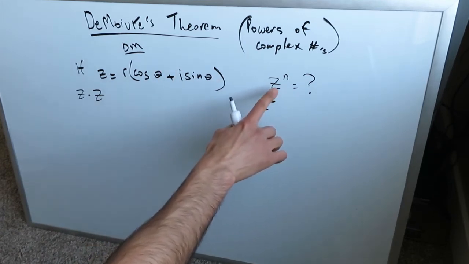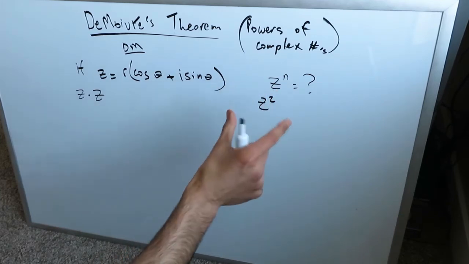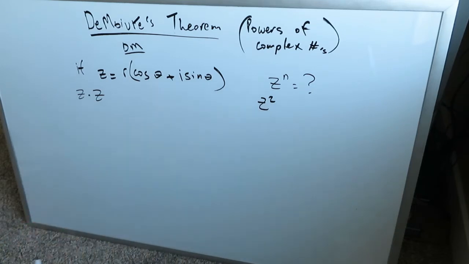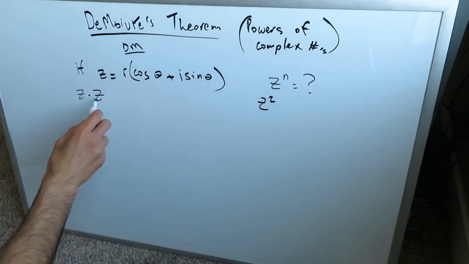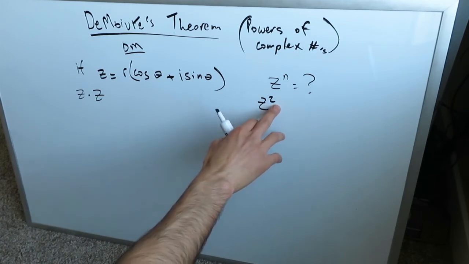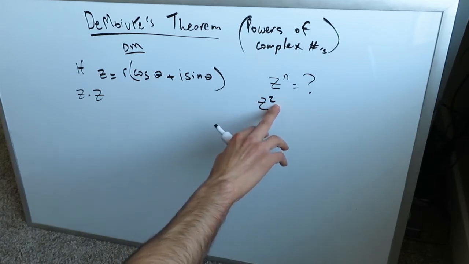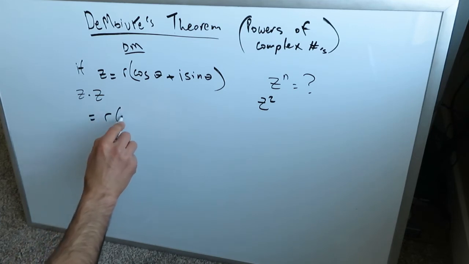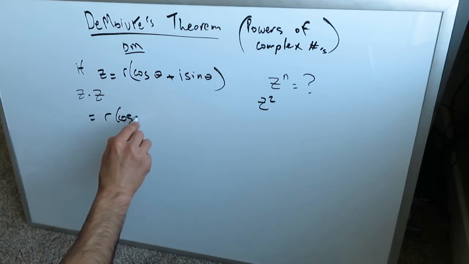If we're doing z to the n, we're saying that the same complex number, the real and imaginary part, is multiplying by itself n number of times. But how would we actually do z times z? For something very small in terms of the degree, the exponent being utilized, it's not very difficult. All you do is take the same thing and multiply it by the same thing.